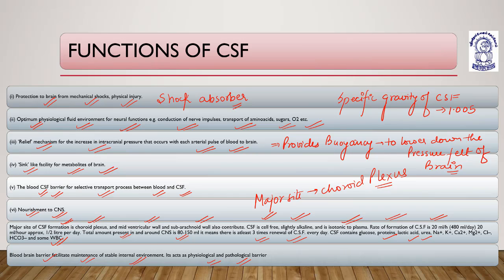The actual weight of brain is 1.4 kgs, but because of CSF, the relative weight comes down to 0.8 kgs.